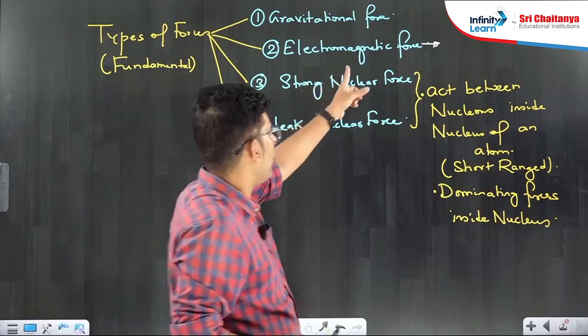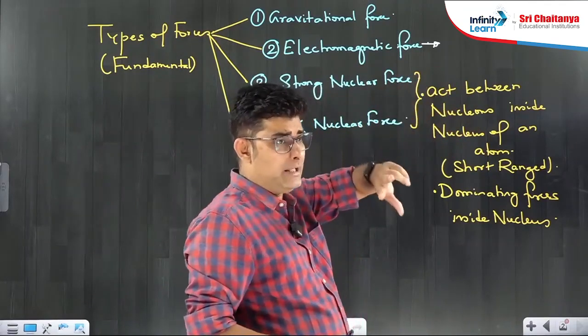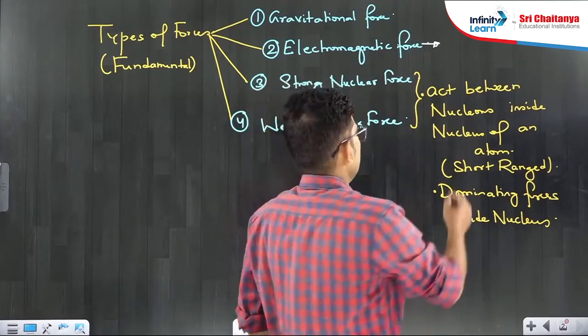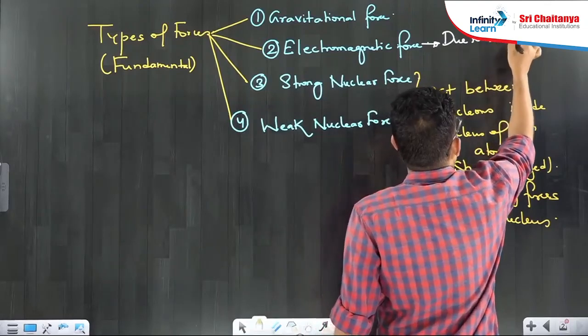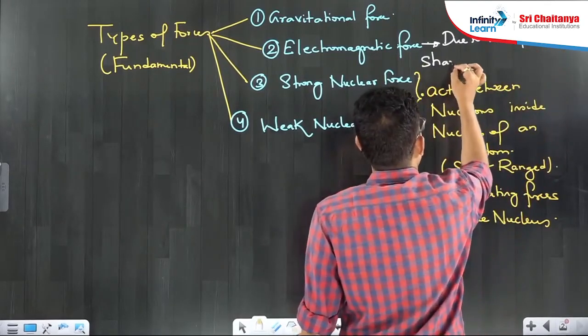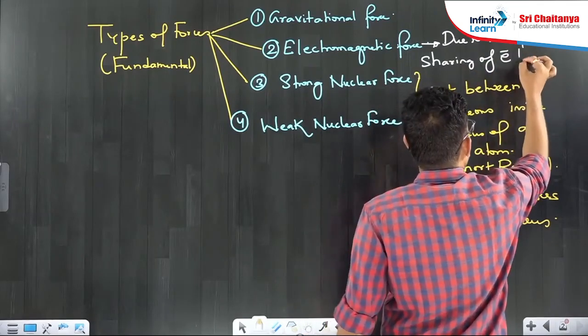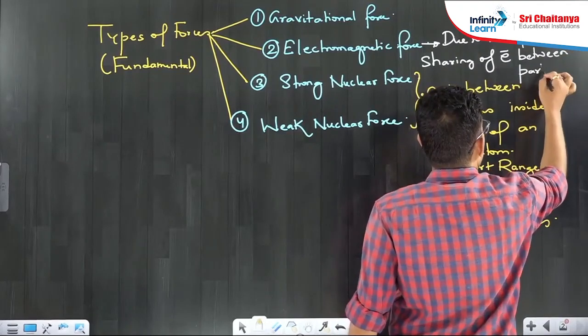So forces occurring due to transfer or sharing of electrons are called electromagnetic force. These are exerted due to transfer or sharing of electrons between particles or objects.